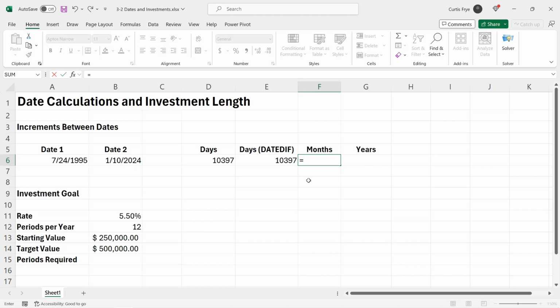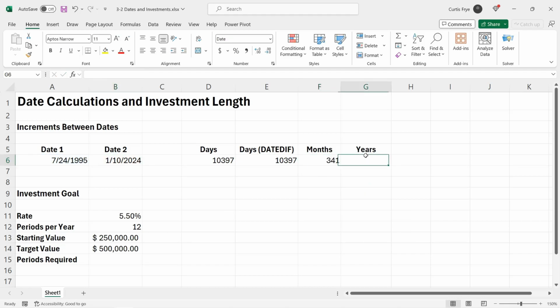So we have in F6 DATEDIF. And remember, it doesn't come up in autocomplete. It's wonderful. It's this little hidden tool. And then you start with the start date in A6, and then I'll just type in B6 for the second date, and then in double quotes M, right parentheses and tab, and you get 341 months.